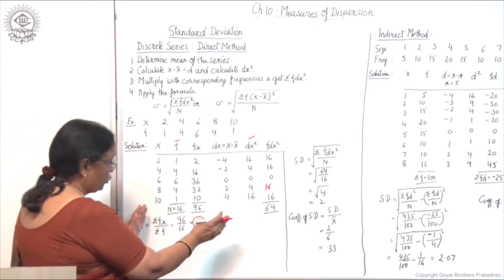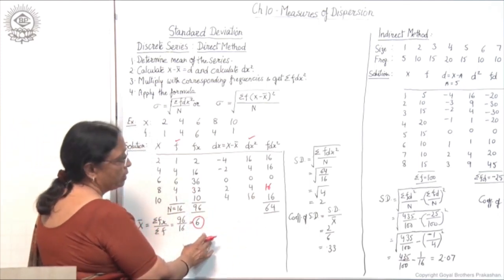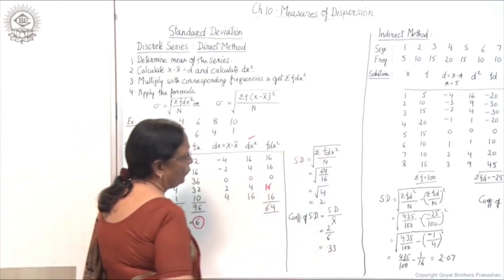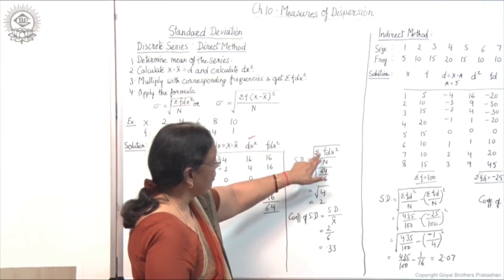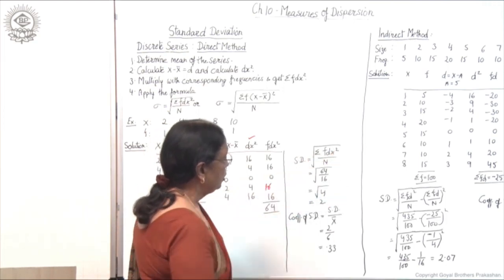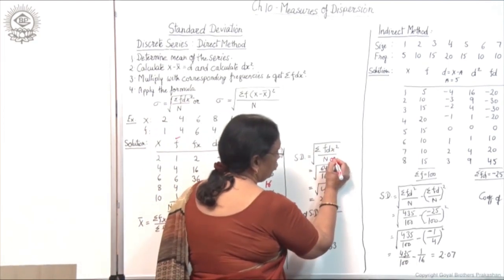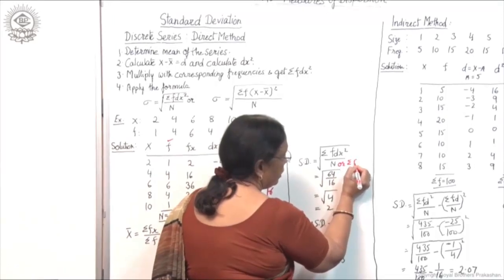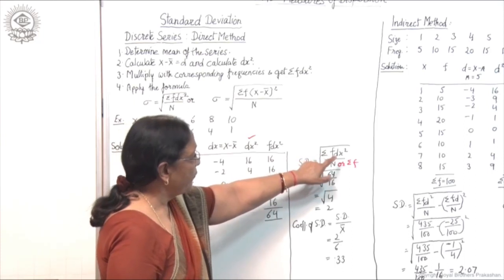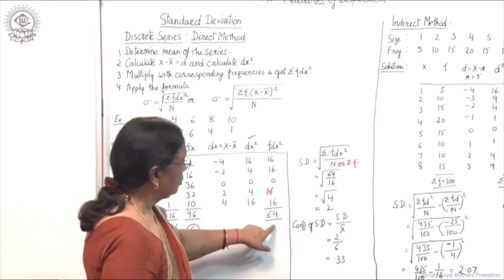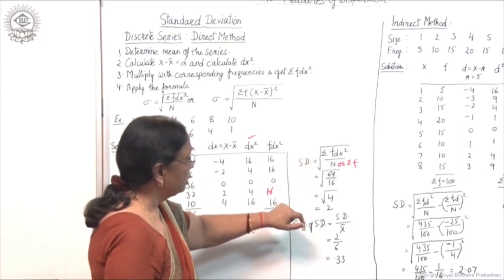Now when you have got the total of these columns, apply the formula. Formula is SD is equal to square root of sigma f dx square upon N. N is the same as I told you, N or sigma f. Sigma f dx square is 64, write down 64 here.